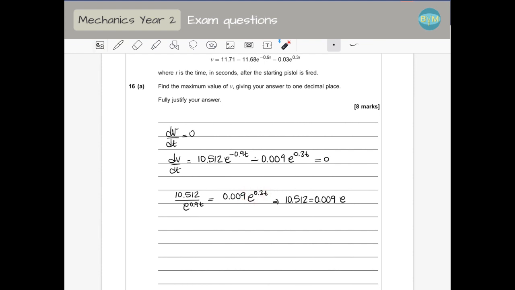When I multiply powers, I add the exponents, so e to the power of 1.2t, which means that e to the power of 1.2t is 10.512 divided by 0.009, which is 1168.